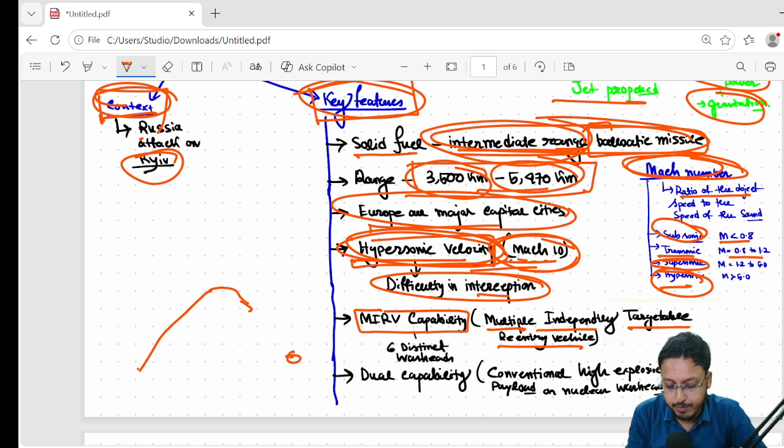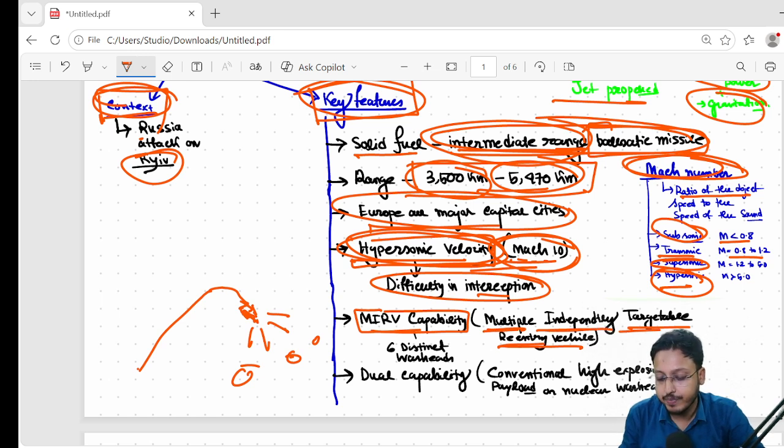Before that, in the atmosphere, this missile divides into multiple parts and then hits their targets respectively. That technology is called MIRV capability. So this missile can bifurcate into 6 distinct warheads.